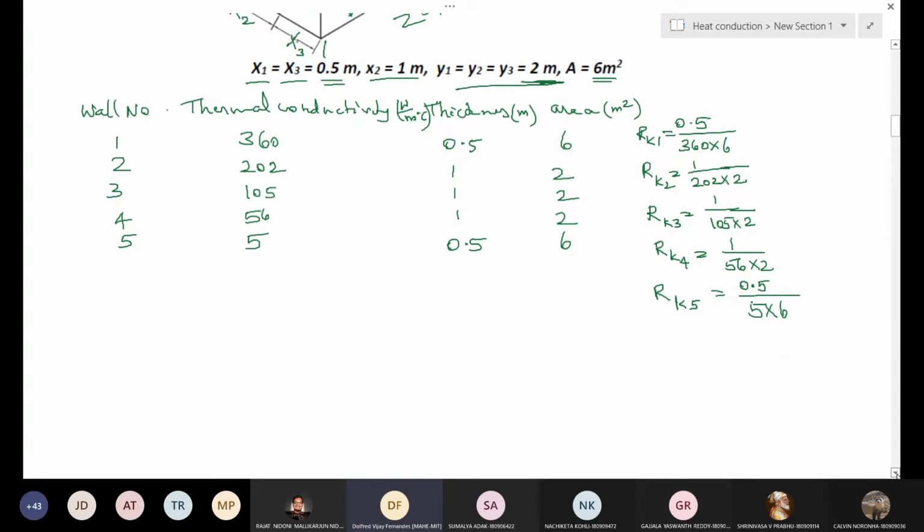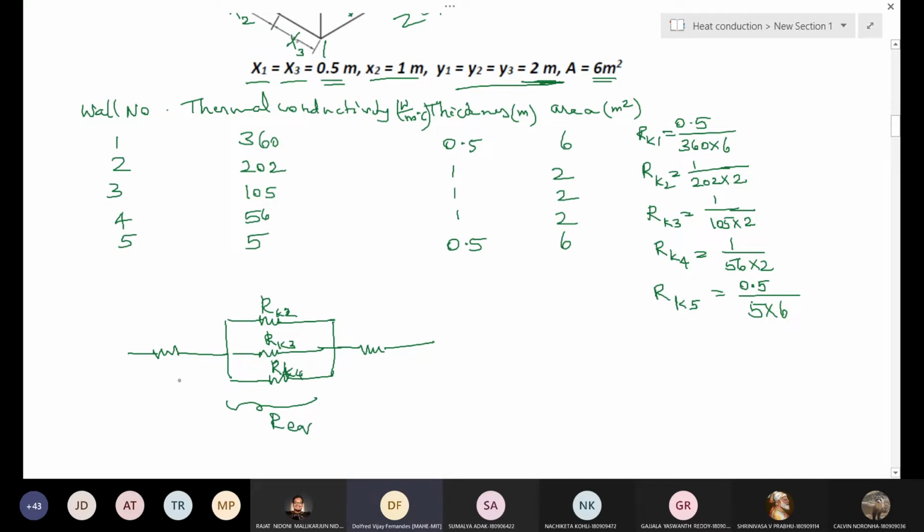First, resolve that parallel arrangement and find the equivalent resistance for it. So for this entire thing, RK2, RK3, and RK4, the equivalent should be found.